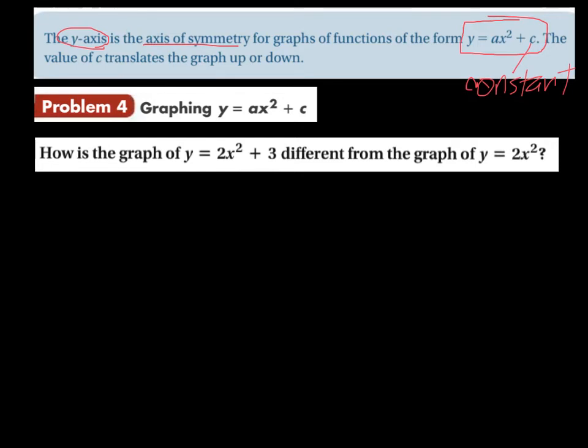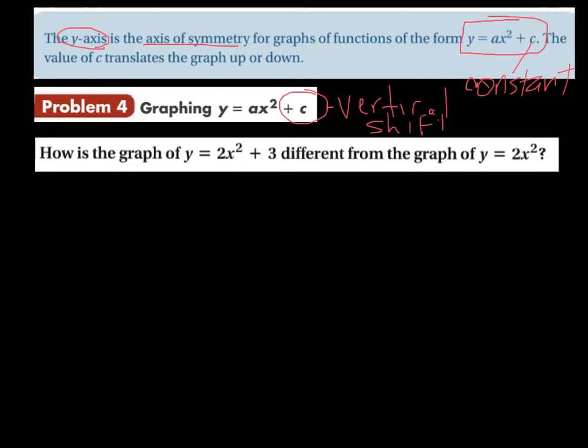Okay. So what is that constant going to do? So how is the graph of y equals 2x squared plus 3 different from the graph of y equals 2x squared? Well, what this constant does, this plus c, is it causes a vertical shift.